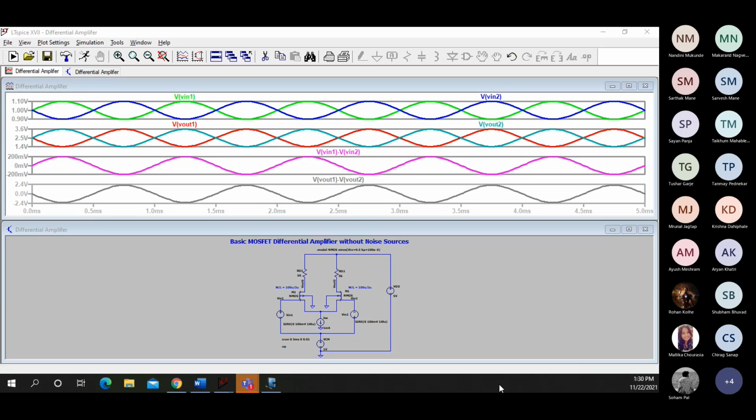Are you getting the gain that, by calculation also, you should get?